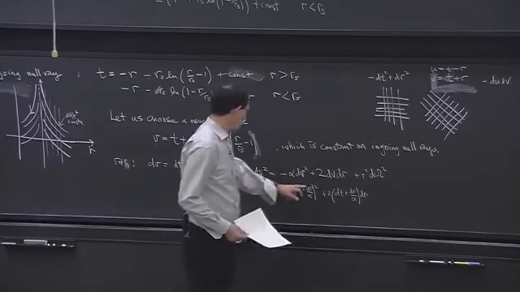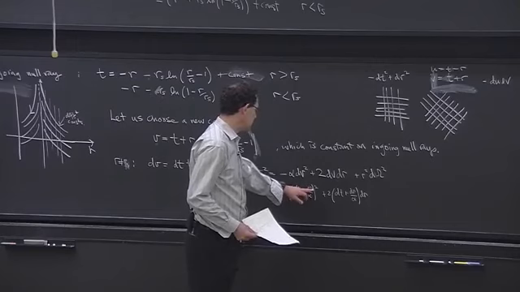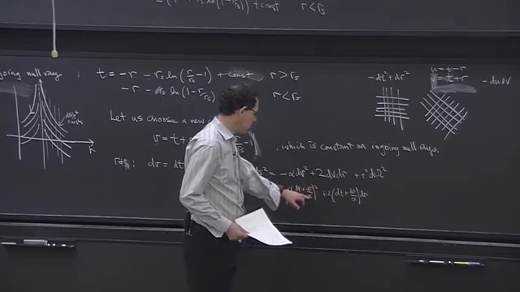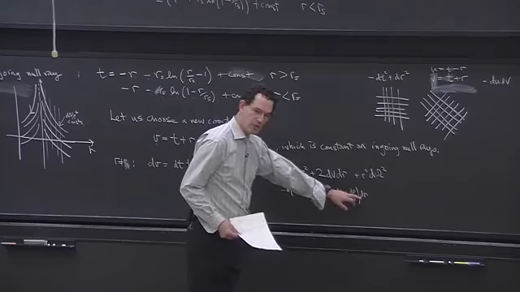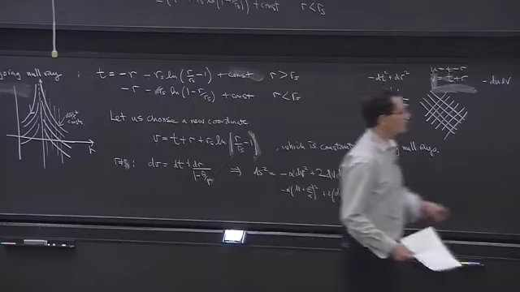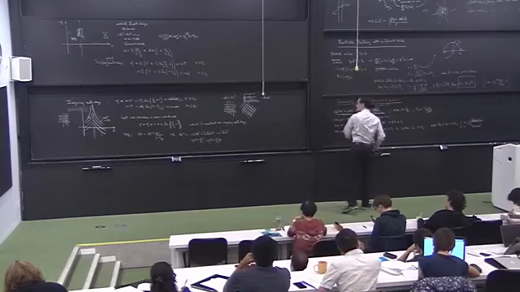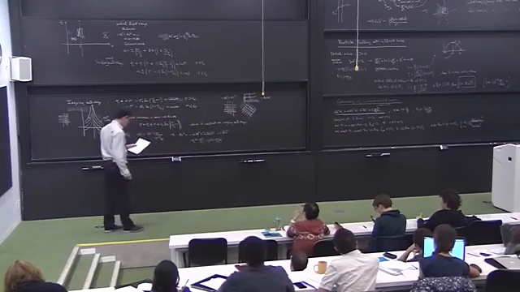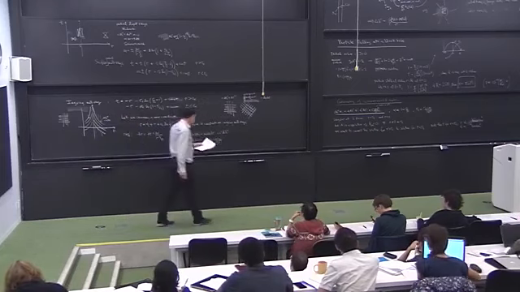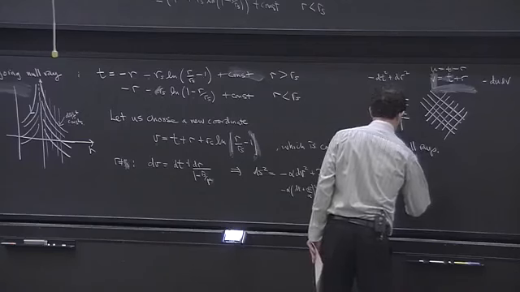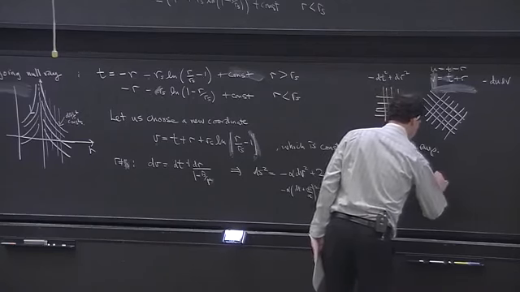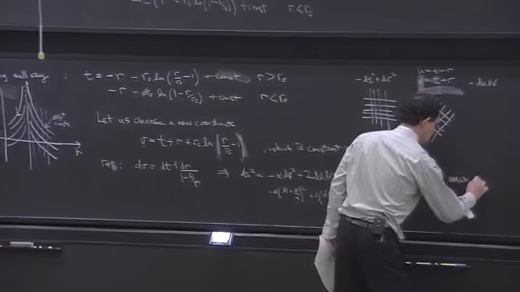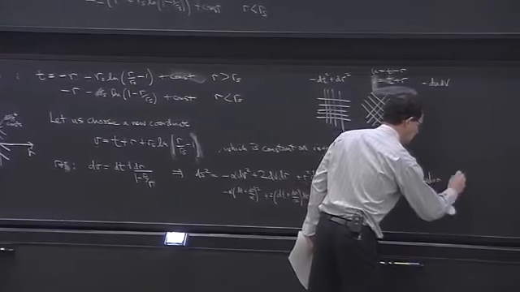Then I get minus dr squared over alpha squared times alpha, so it's minus dr squared over alpha. Here I get plus 2 dr squared over alpha, so this reproduces that term. And so we find in these v-r coordinates that the metric is completely non-singular at r equals r_s.